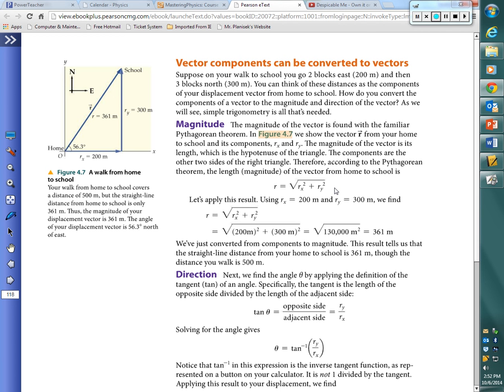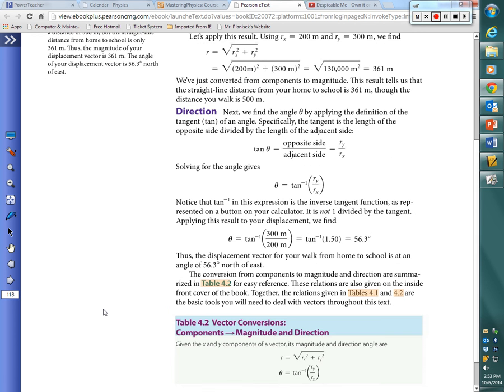And then, if we want to know the direction, which in this picture is already labeled as 56.3 degrees, to get that, if we know these 2 sides of the triangle, those would be the opposite side in relation to the angle we know, and the adjacent side relative to the angle that we know. So we can use our trig function tangent to relate those 2 together. And I think I gave this to you in your packet, right?